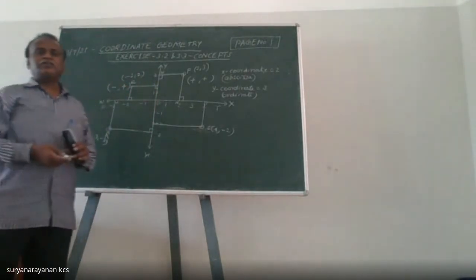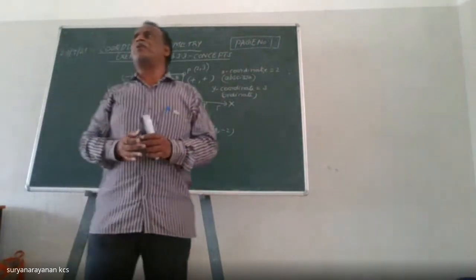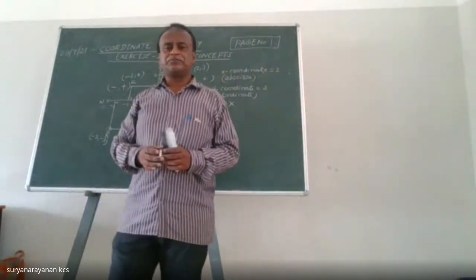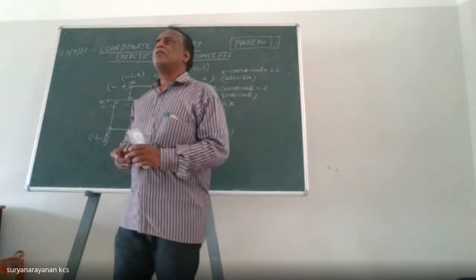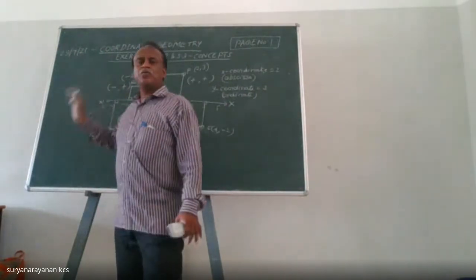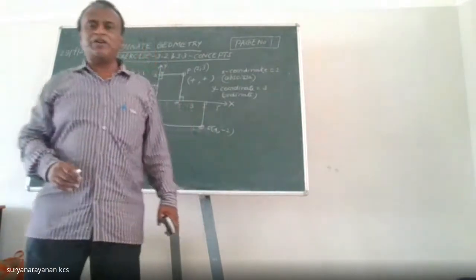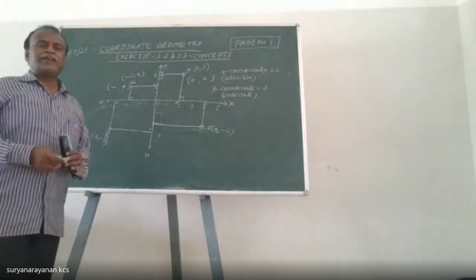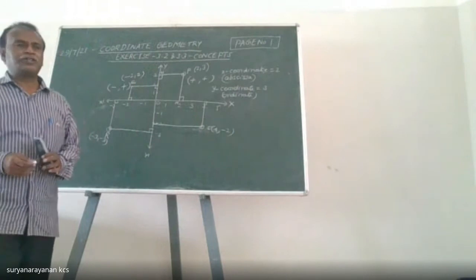Every point in the second quadrant has a negative x coordinate and a positive y coordinate. Remember this point, children: the sign of the x coordinate and y coordinate.